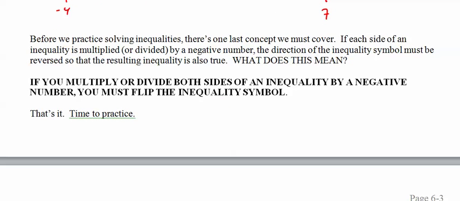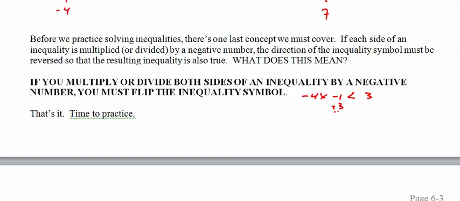Before we practice, there's one last concept we must cover, and if you're multiplying or dividing, this is the one little extra piece I was talking about. You have to flip the sign when multiplying or dividing by a negative. So I get negative 4x minus 1 is less than 3.